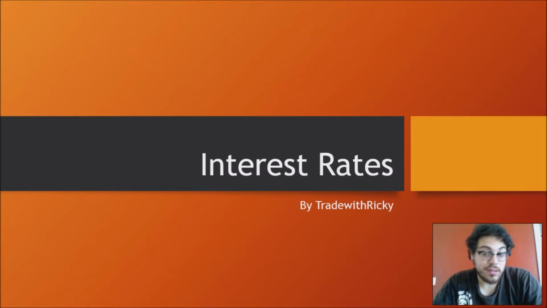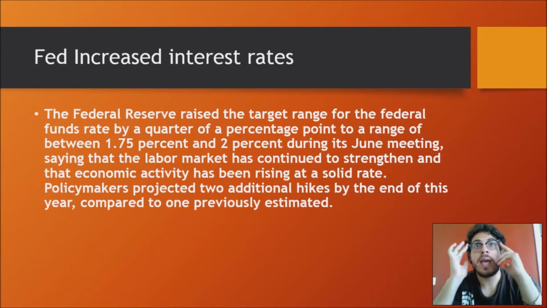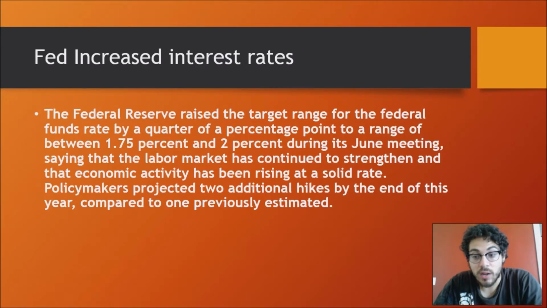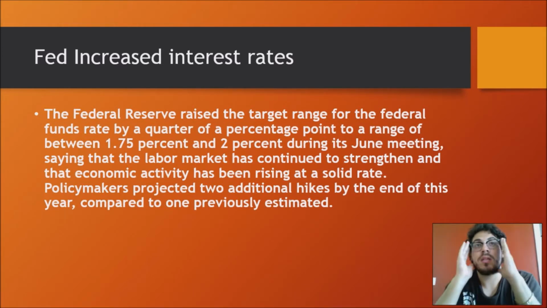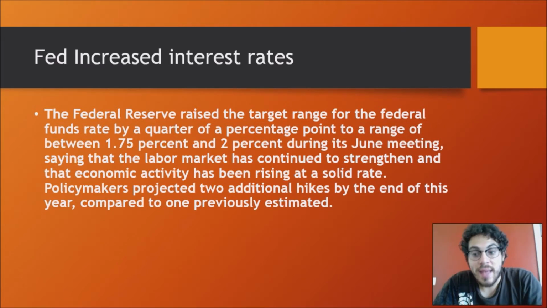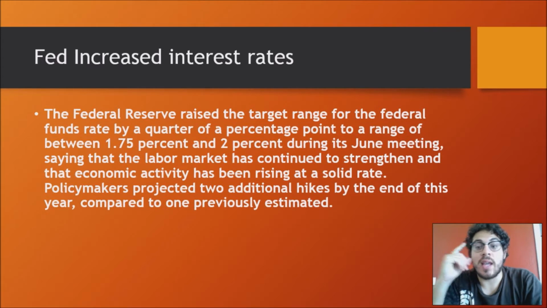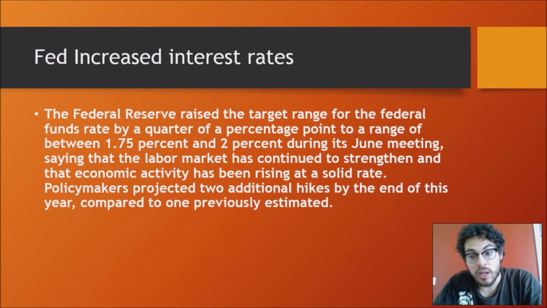As you guys probably know, today was an important day in the US because the Federal Reserve increased the interest rates by a quarter percentage. So now the range is between 1.75 and 2%. The reason for the increase was that, according to the data, our labor productivity is really strong, our economic numbers are really strong, and our economy in general is really strong, and is outgrowing our long run target.